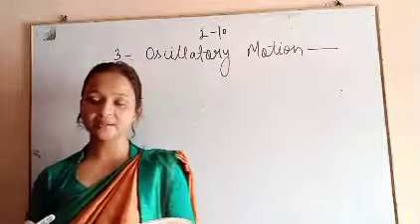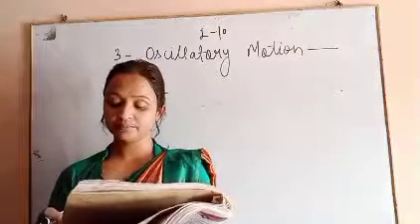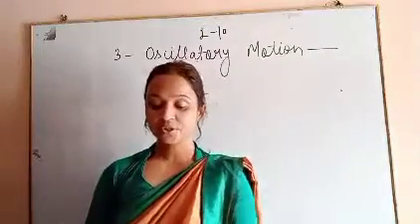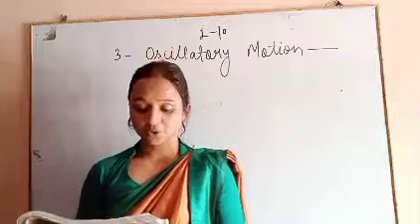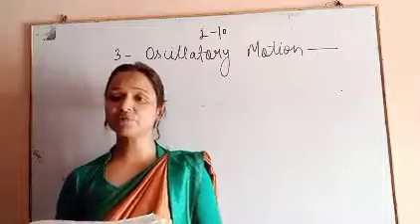Examples of oscillatory motion are a swing, the pendulum of a clock moving to and fro, and the needle of a sewing machine moving up and down. Examples are given on page number 128.